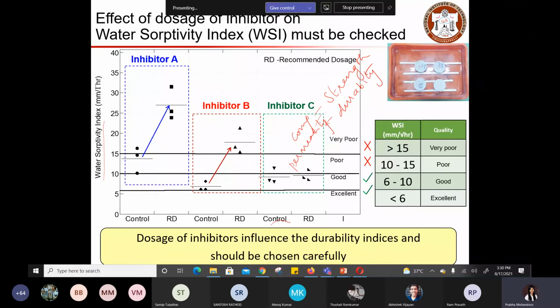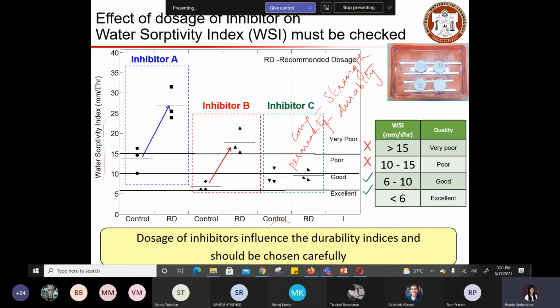I will explain in detail how you can perform the test to obtain the water sorptivity index in the condition assessment test, where we can take samples from the real structure and do testing in the laboratory, right? The administered dosage, the recommended dosage or the type of inhibitors that you add has an influence on compressive strength, as well as on durability in terms of permeability.